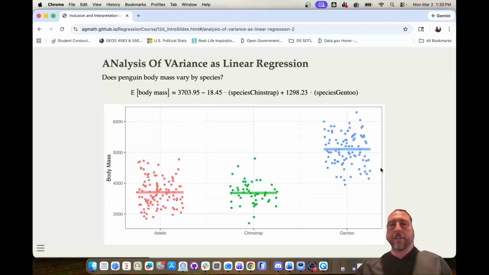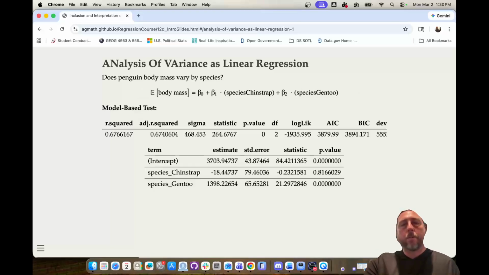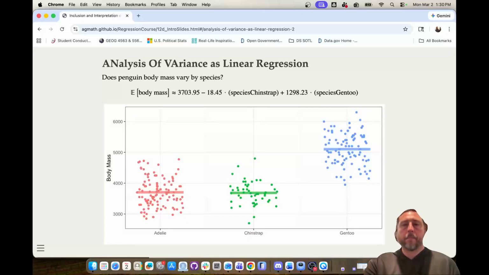Even though there was just one explanatory variable in this model, species, we needed some way to encode all of the different species in the penguins data set.